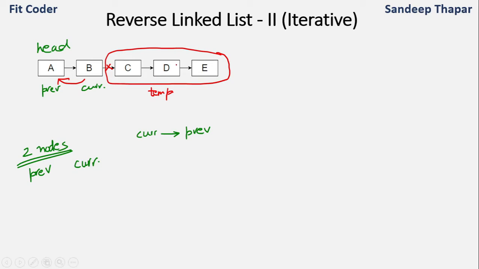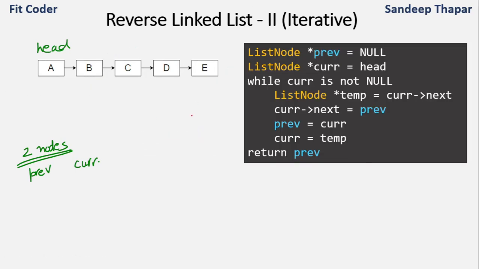Let's see how we can do this. We have taken two pointers, previous and current. Current is at A, which is the head, and previous is pointing to null. So previous will be one node before current. Then we iterate till current is not null. We keep a pointer temp which points to current next.